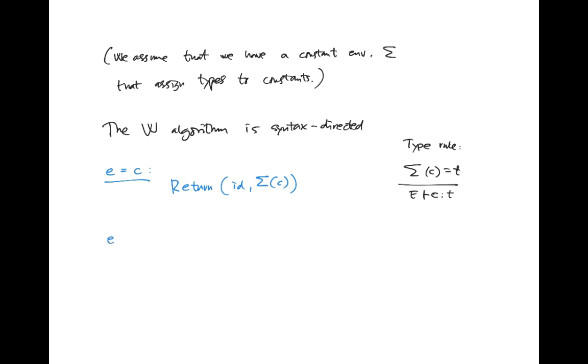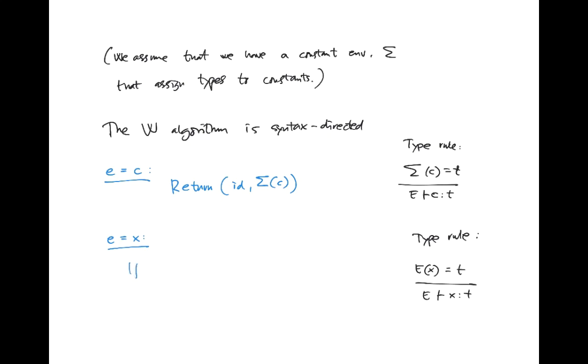If our expression is a variable, well, the type rule for variables is a lookup rule. It says that if in the type environment E of x is t, then we know that x has type t. So here the algorithm says, well, there are two cases really.